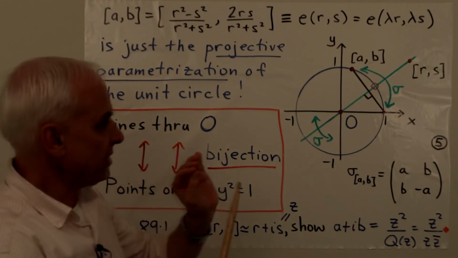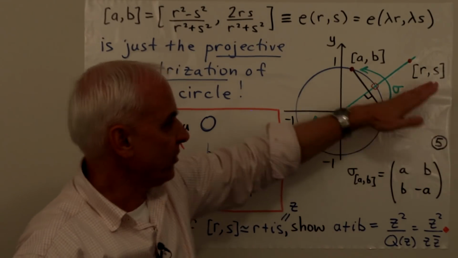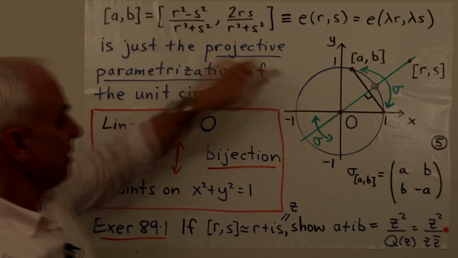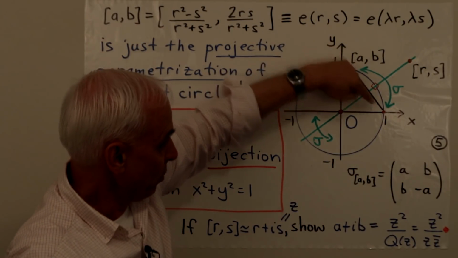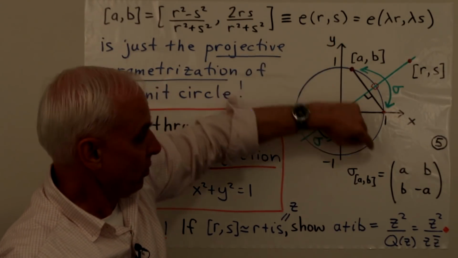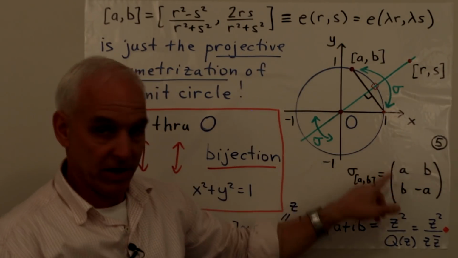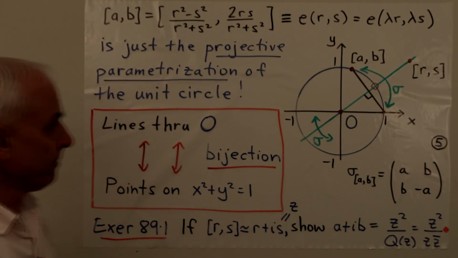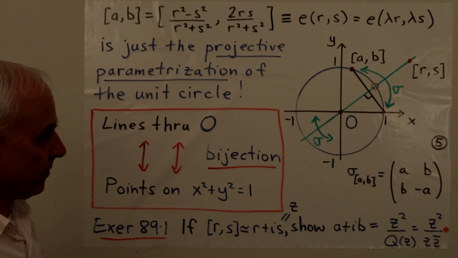So there's a correspondence here between the RS, the data that specifies the line, and the AB, the actual point where the 1, 0 is reflected to, which is responsible for encoding the matrix for the transformation. And it's a little bit subtle.